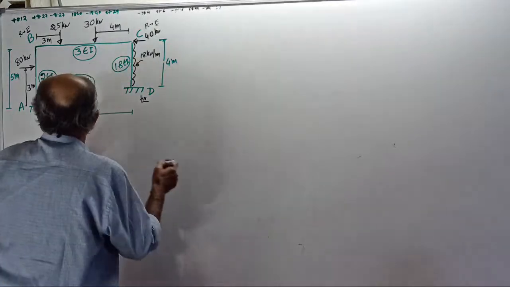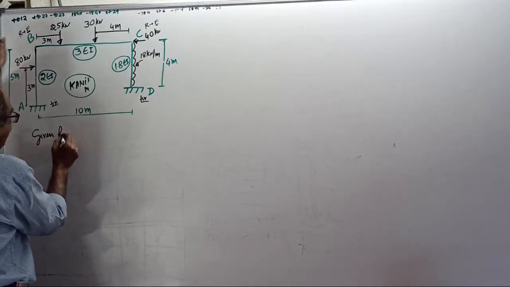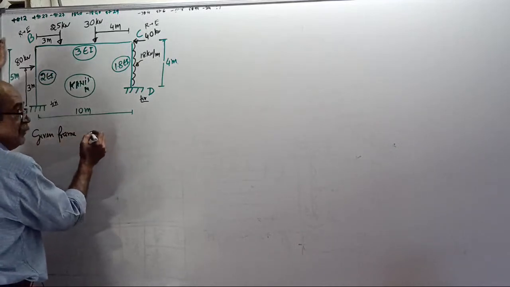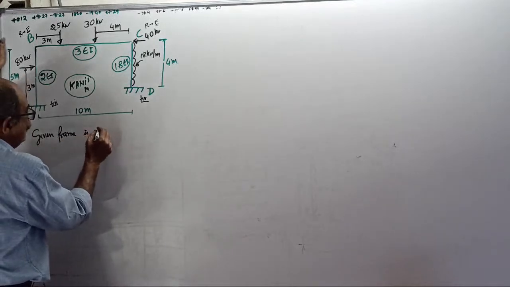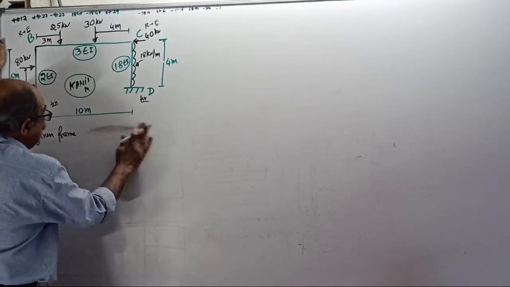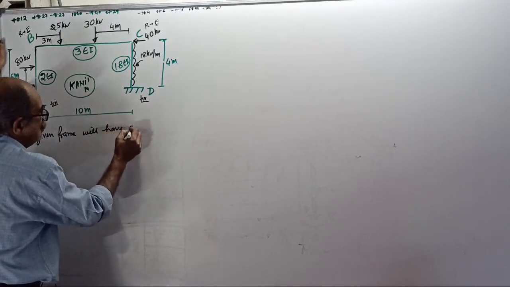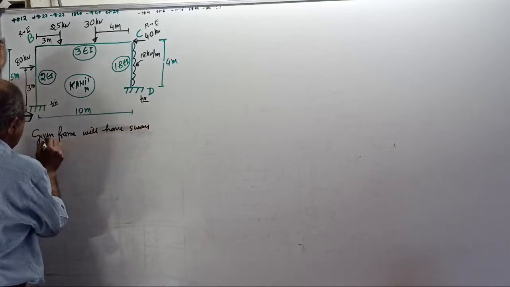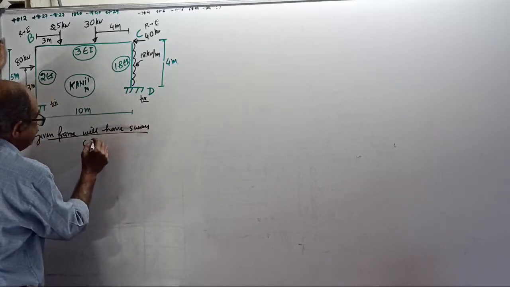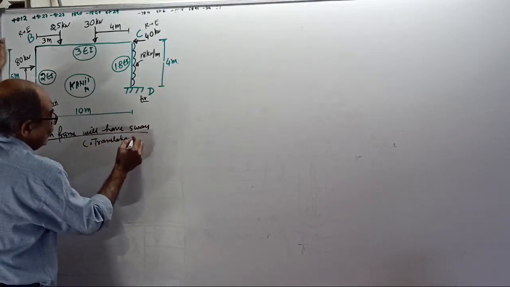Therefore, you write here, the given frame is of sway type, or you write, the given frame will have sway. Will have sway means that there is translation of joints.